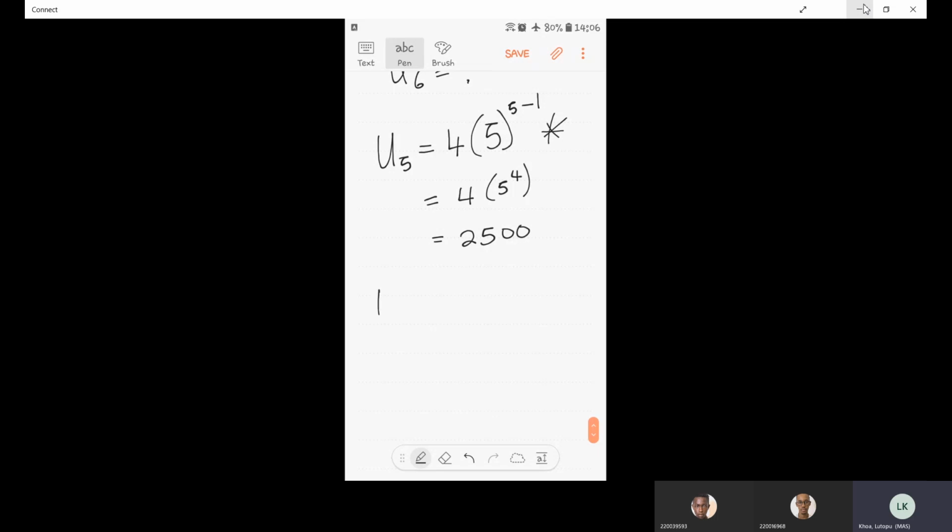And then U6, here I got 12,500. So I multiply the previous one by 5, or again substitute into the formula, and your answers should be the same. So when you work out U6, did you also get 12,500?